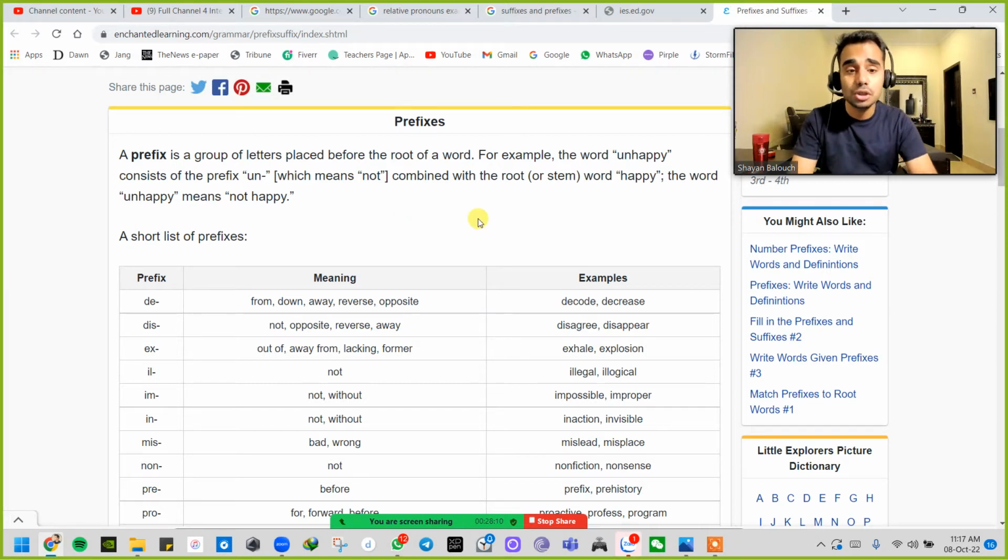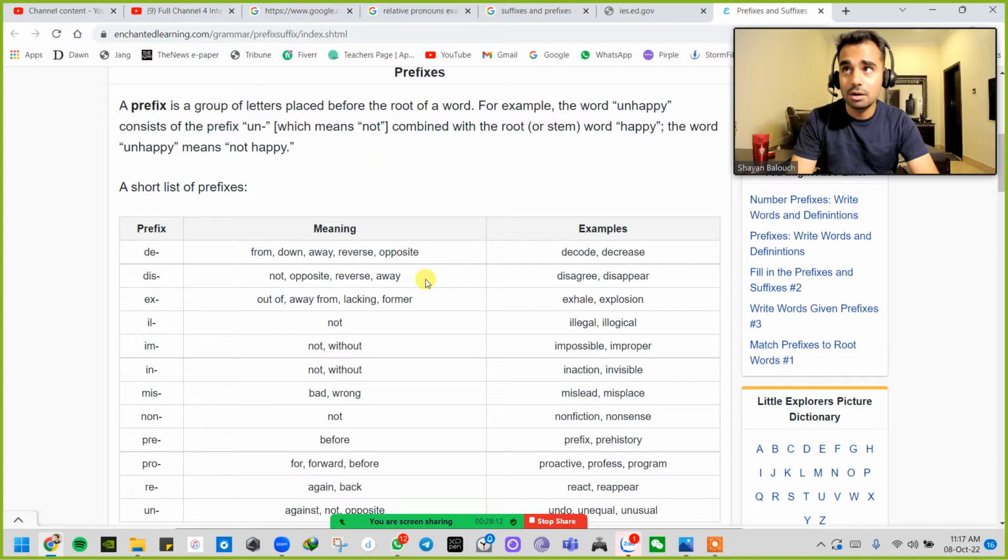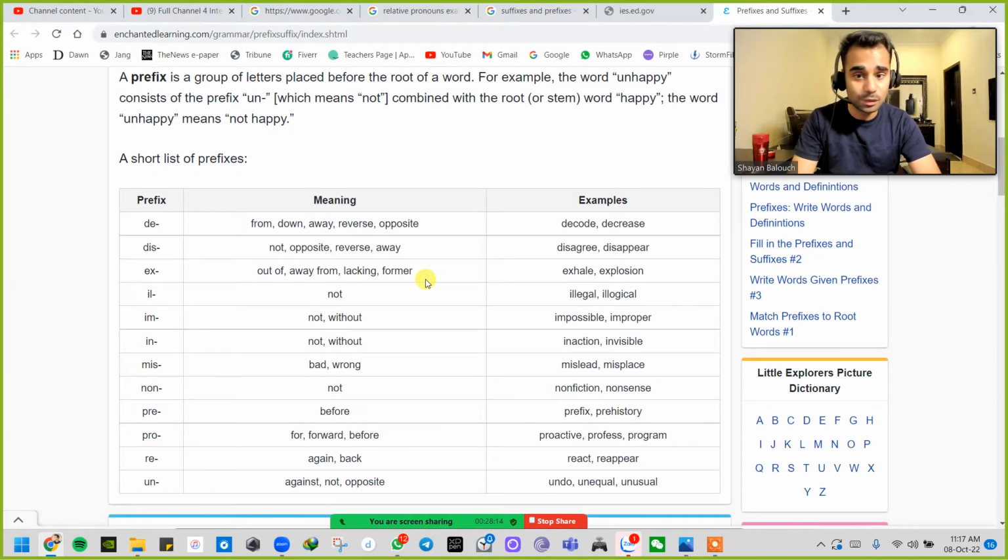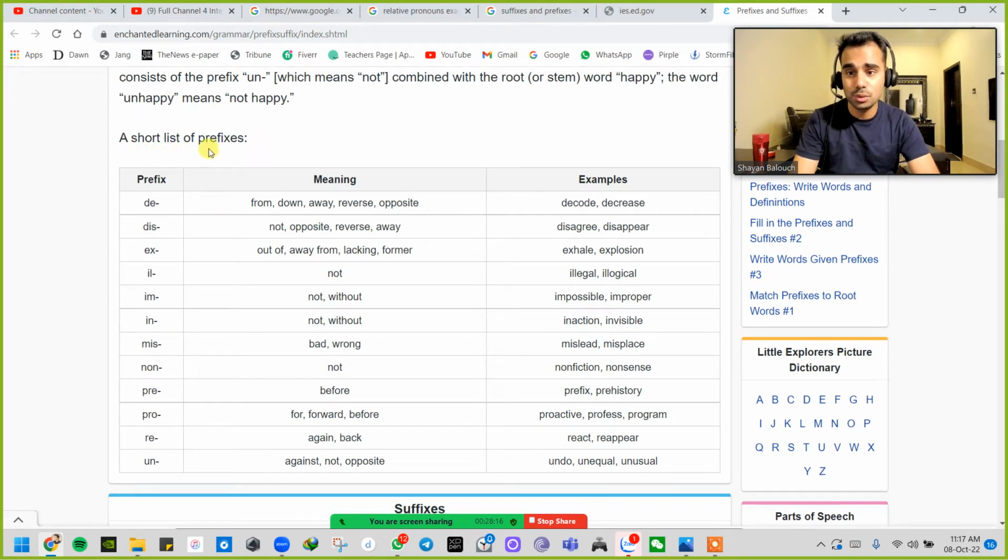See? So now here are some examples that we can use. For example, a short list of prefixes. Now these are all the prefixes, no, I wouldn't say all, but most of them. For example, de, which means from, down, away, reverse, opposite. Of course, don't get stressed.